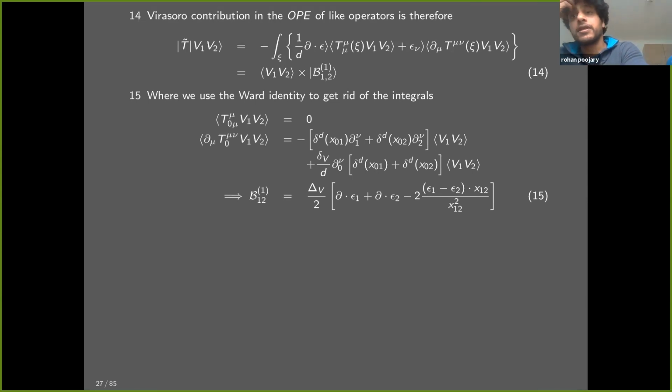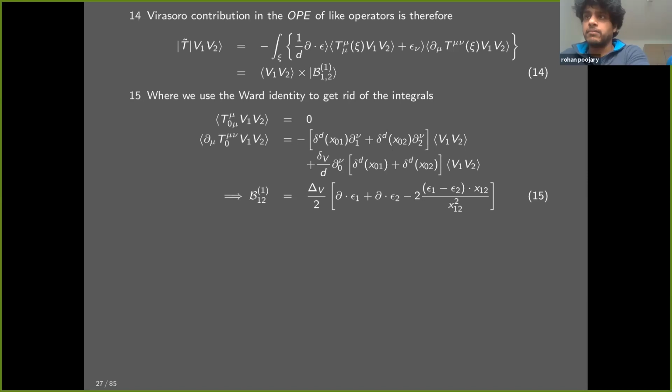Sorry, I'm slightly confused. If you had started with the original definition for T tilde, you would have got derivatives hitting on T's, no? Derivatives hitting on V1 and V2, yeah. That will happen now. So the derivatives will hit on V1 and V2 because of the Ward identity. I thought this expression you're using in 14 for T tilde came after you did some by parts manipulation and so on.